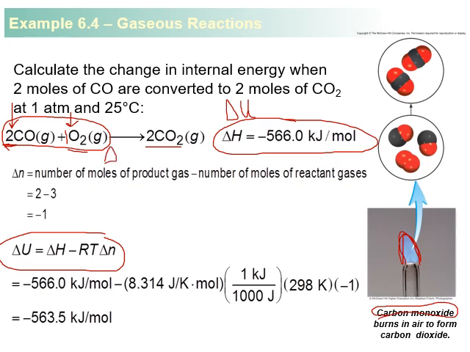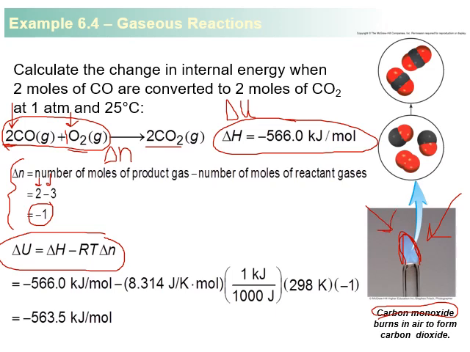So there's a change in the number of moles of gas, and that's what this is showing here. The final number of moles of gas is 2, the initial is 3. So you actually get a decrease in the amount of gaseous molecules as this reaction proceeds. So since you get a decrease, you're going to get a little bit of a compression of the surroundings into the system.